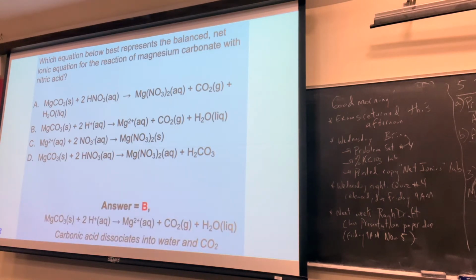If you pull the nitrate out, so you'd have just 2H plus here, and you'd have just magnesium 2 plus here, this would be the net ionic reaction. And again, this conversation was really cool. Magnesium was in a solid and it went to aqueous. If it changes its phase, it's not a spectator.